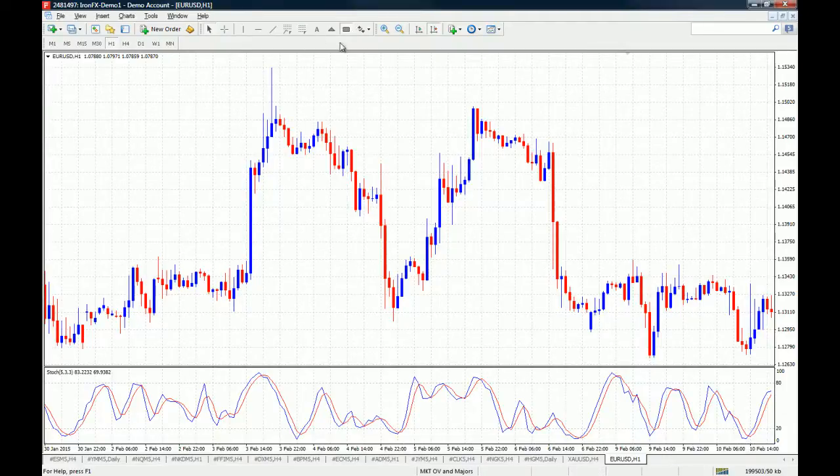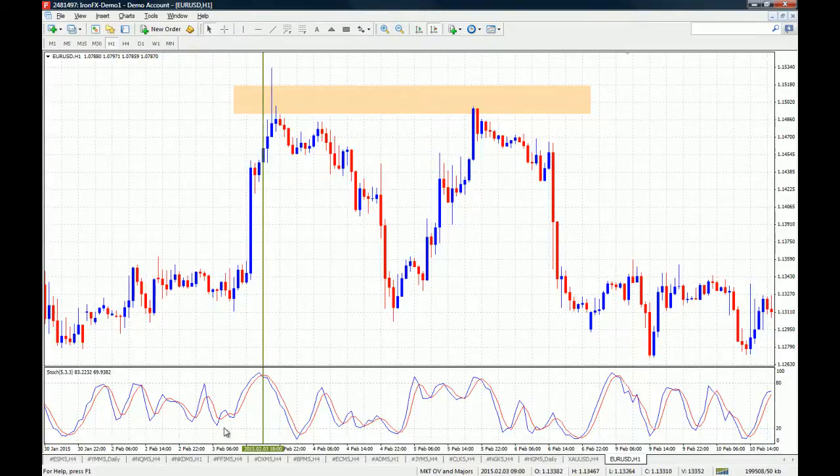Now, you can see that in this example, we have this level of resistance at these price levels, and we have the signal right here. You can see that the %K crosses below the %D at this spot, and of course it has to be at overbought levels.